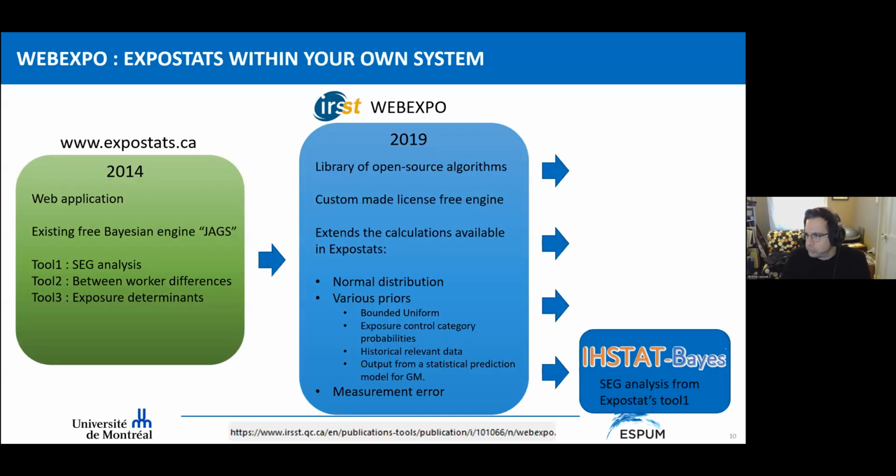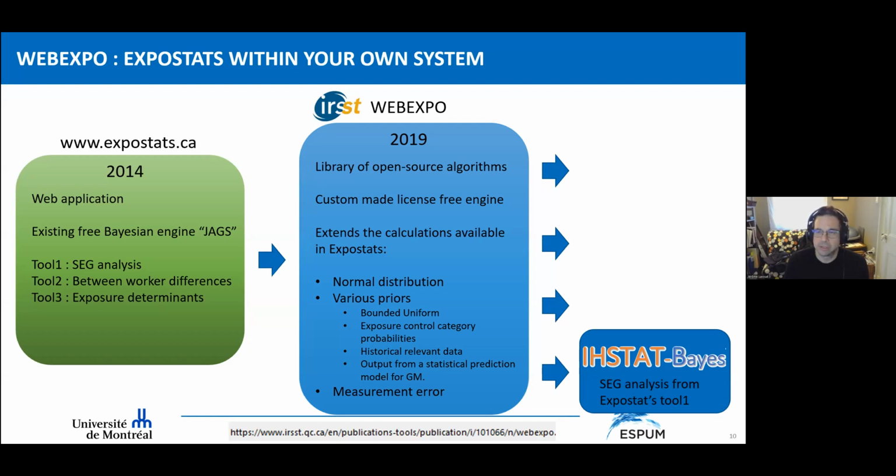And I also wanted to take some time to mention a project associated with Expostats. Expostats is the oldest set of tools, and the best known that we produced. It's available on the web, and it uses, as I said, these open source Bayesian engines.